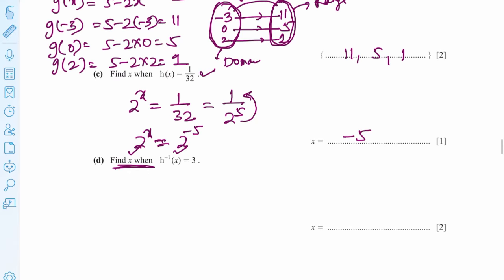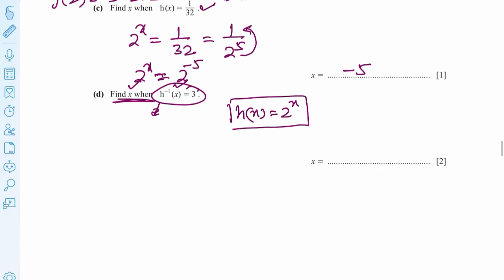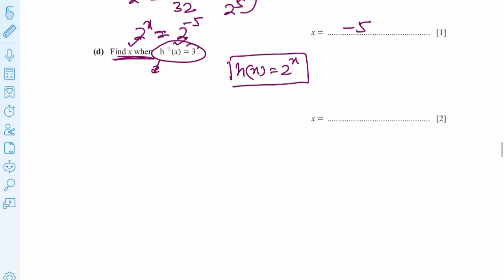Next question. Find the value of x when h inverse of x equals 3. Now listen. h of x is given as the function 2 power x, right? All of you know how to find the inverse function, but here the power of x is given, so we don't need to find the inverse function the way we normally do. What to understand in this question is, listen carefully.